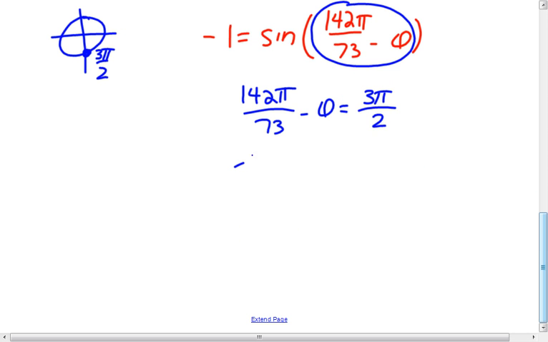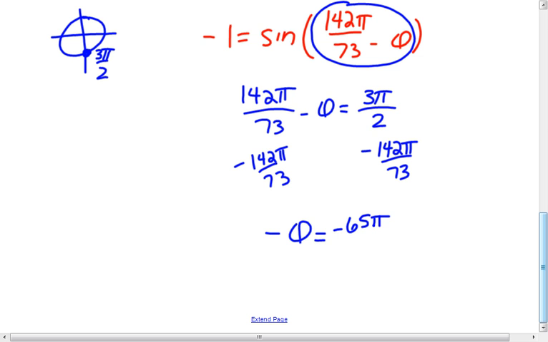So I will subtract 142 pi over 73. Okay, and use your calculators, you guys. That's what you have them for. So I would take 3 halves minus 142 over 73, hit math enter, throw the pi back in there, and I should get negative phi equals negative 65 pi over 146. So positive phi equals positive 65 pi over 146.